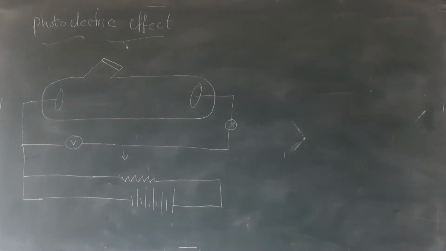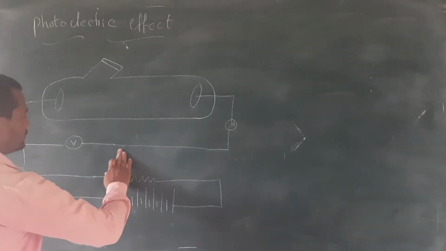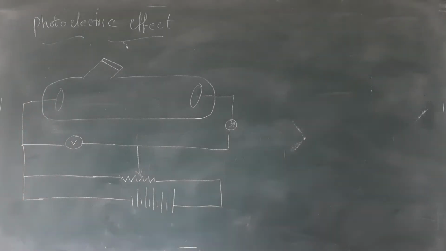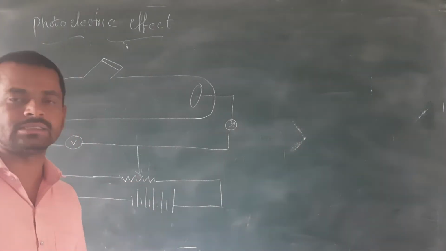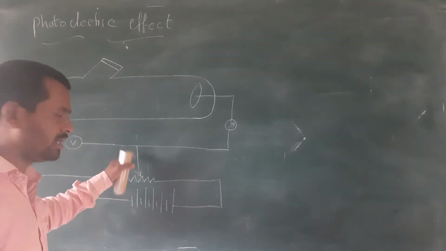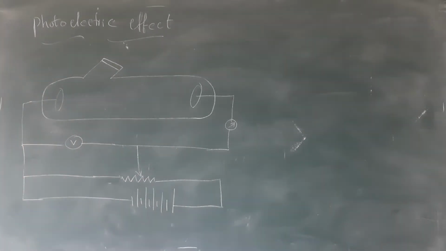In this diagram there is a battery, and this is a resistor or rheostat. The arrow mark on the rheostat indicates we can change the resistance.